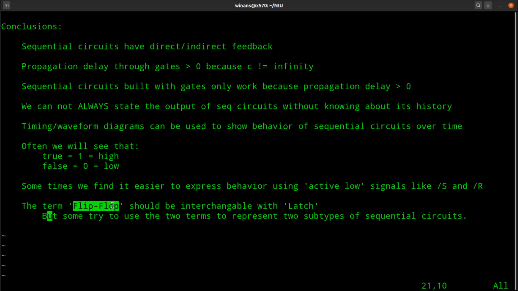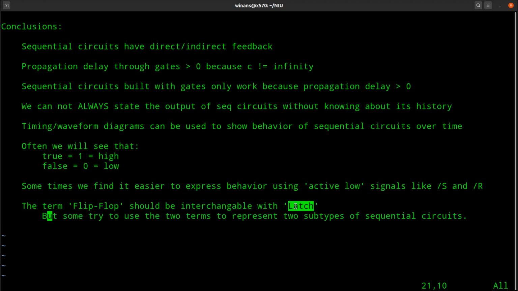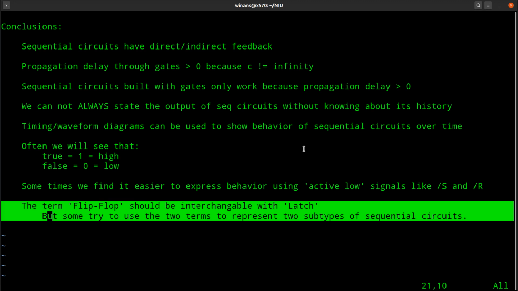In some cases, some people prescribe very specific meaning of latch to a certain subtype of sequential circuit, and a flip-flop to another kind of subtype of sequential circuits. We'll talk about this more as we go along, but just so you understand, if you go wander off, I start with the Wikipedia page because they have a whole paragraph in there about this phenomenon. They don't get it. I don't get it.